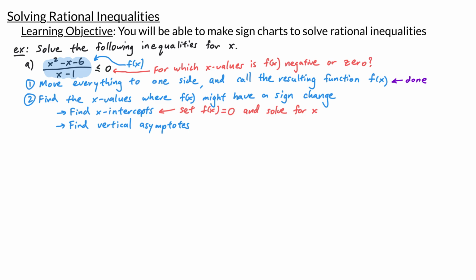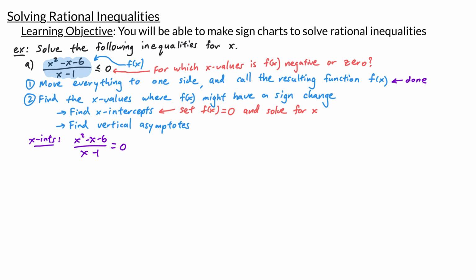Remember, to find the x-intercepts, we want to set our function equal to 0 and solve for x. So here for our x-intercepts, we want to set our function x squared minus x minus 6 divided by x minus 1 equal to 0 and solve for x. To solve an equation like this, we might start by getting rid of the denominator.